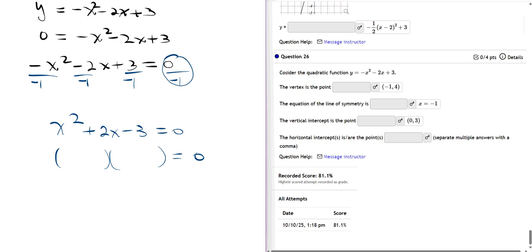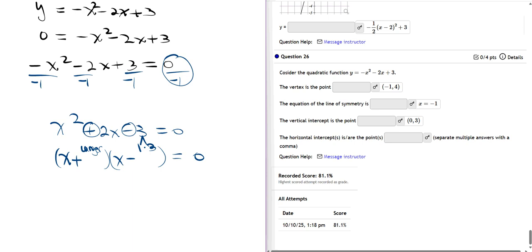So this works for me because I can still either apply the quadratic equation or I can use the zero product property. Because my last term is a negative, I know I need one of each sign. Because the middle is positive, I know the larger factor is going to have to go with the plus sign. And the only way I can get 3 multiplying factors is 1 times 3.